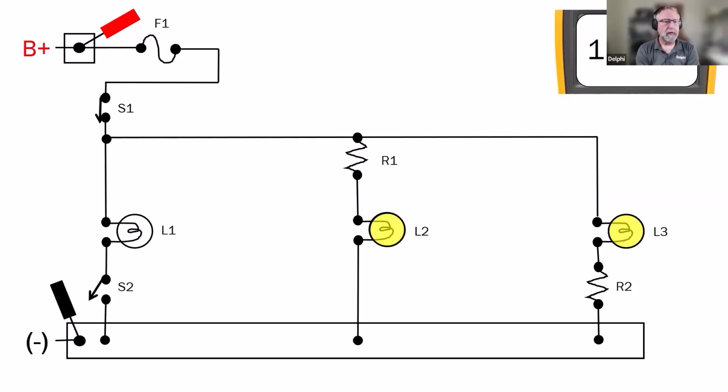That switch is open. There's no current flow going through L1. However, L2 and L3 both are the same brightness, okay? So there's no difference in the symptoms between L2 and L3, but L2 has a resistance on the power side, and L3 has a resistance on the ground side.